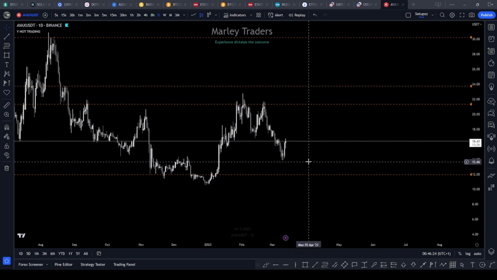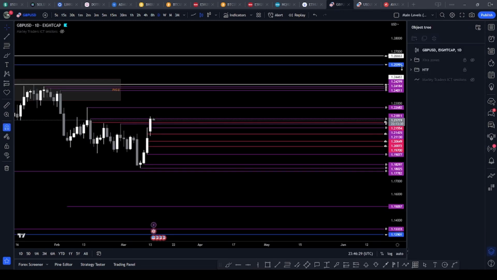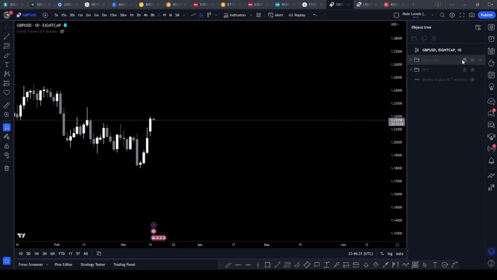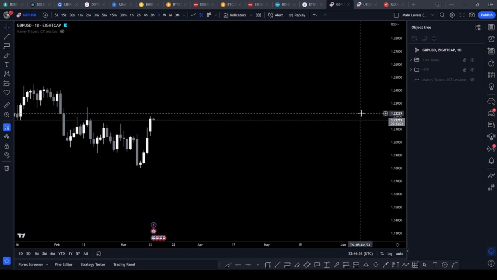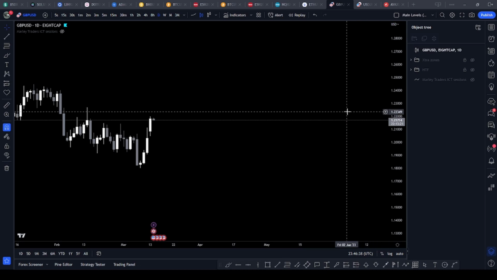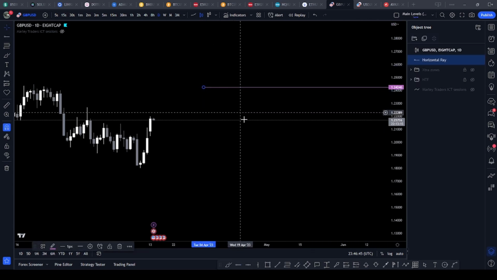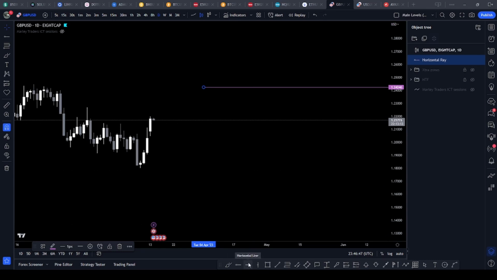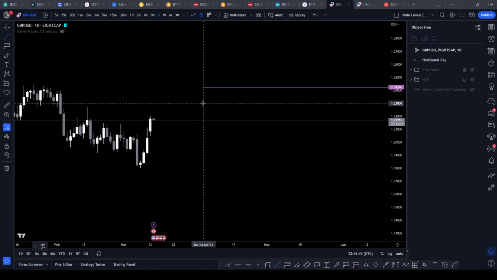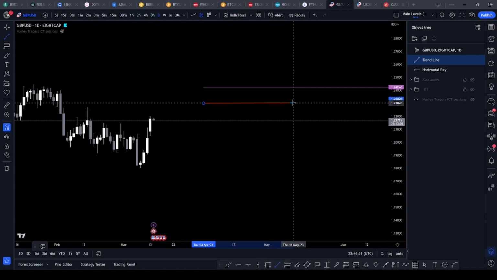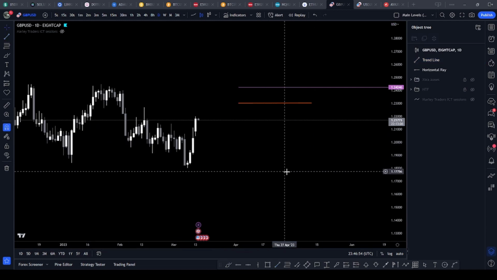Now let's go to advanced setups, advanced levels. This is what we call extra zones. What you're looking at here, if we start with this and this, is more of what we call extra zones.